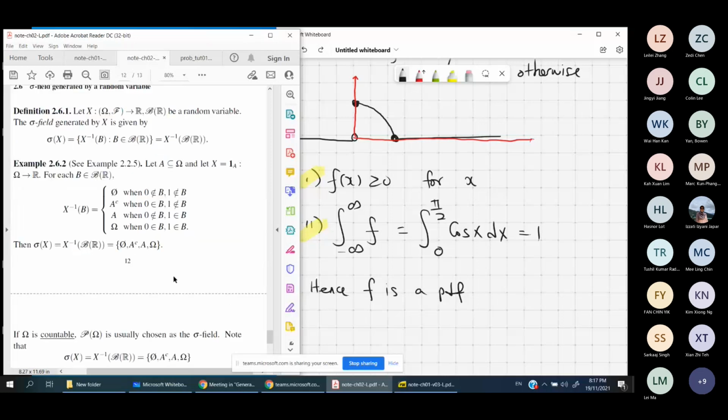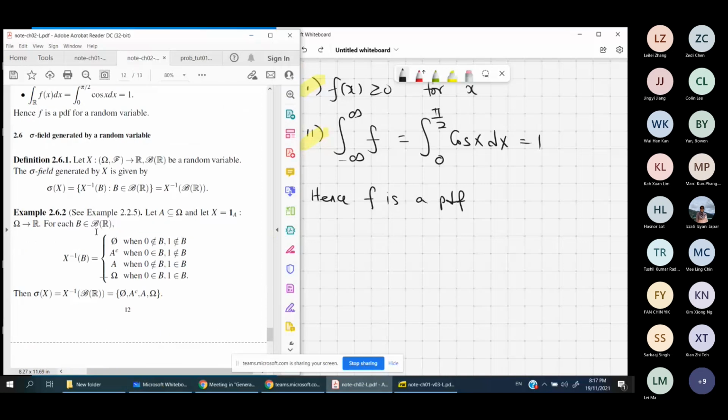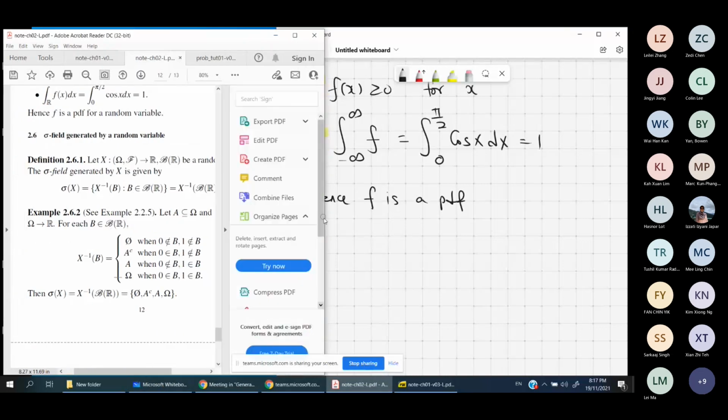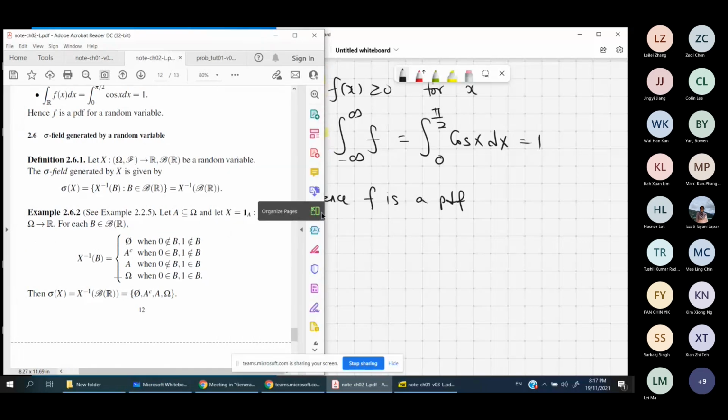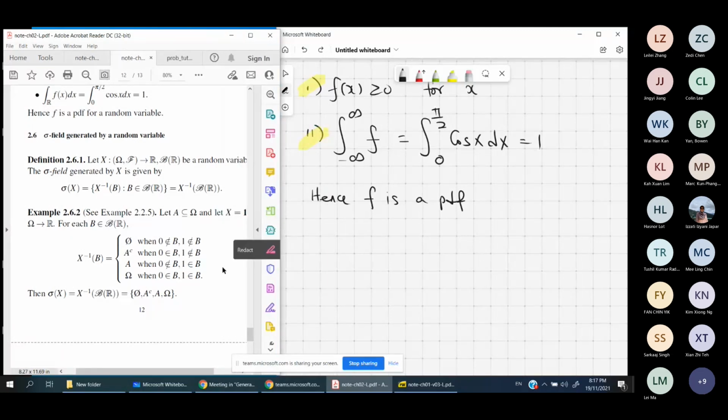Okay, so the last part for this, we have this. This is a sigma field generated by a random variable. So this is another way for us to construct a sigma field. Okay.